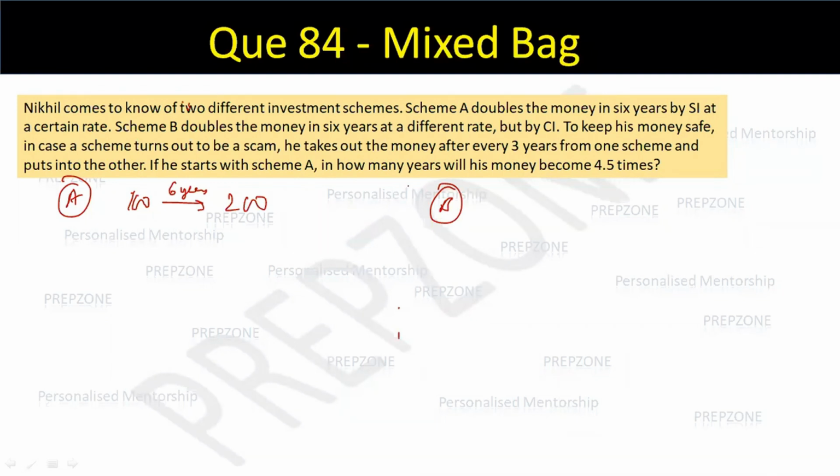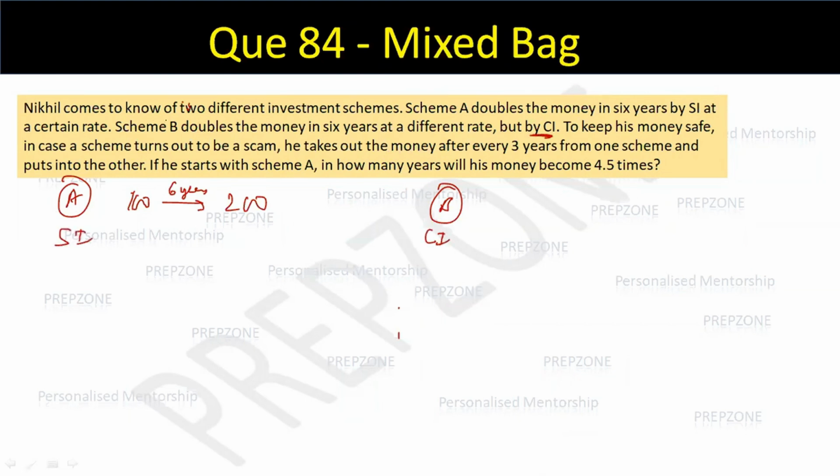So in both schemes the money doubles. Scheme A doubles the money in 6 years by simple interest at a certain rate, and scheme B also doubles the money in 6 years at a different rate but by compound interest. B has compound interest, A has simple interest.